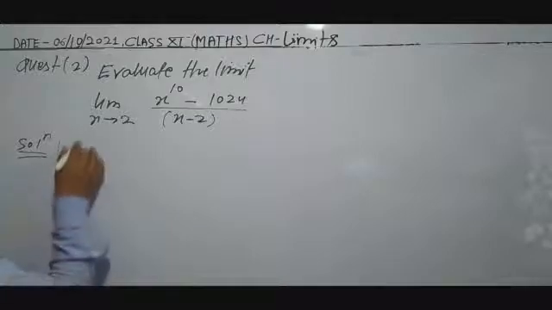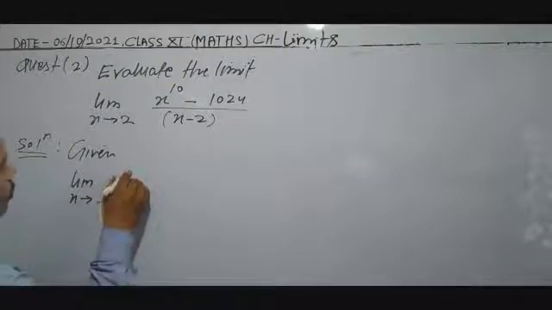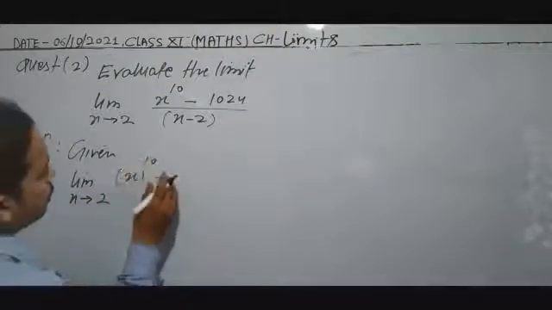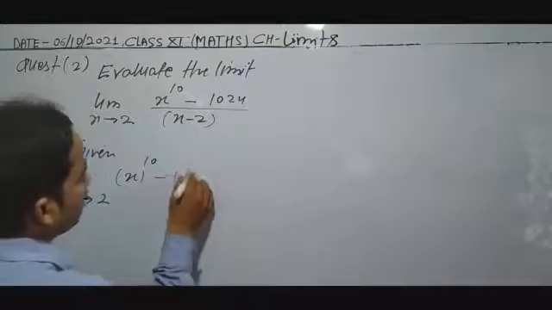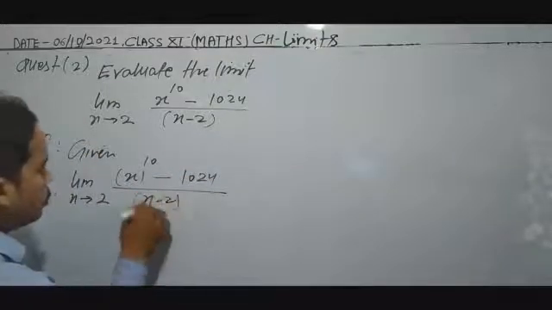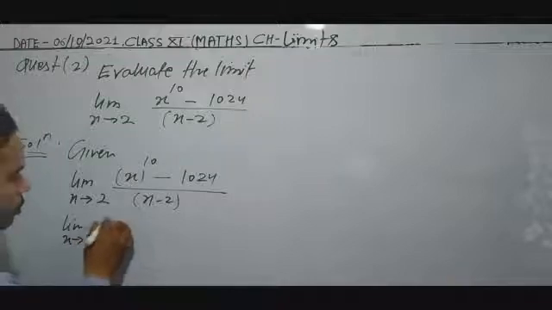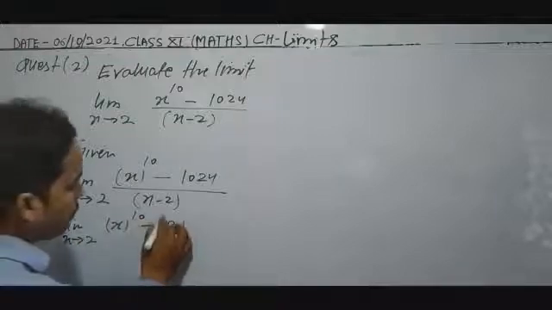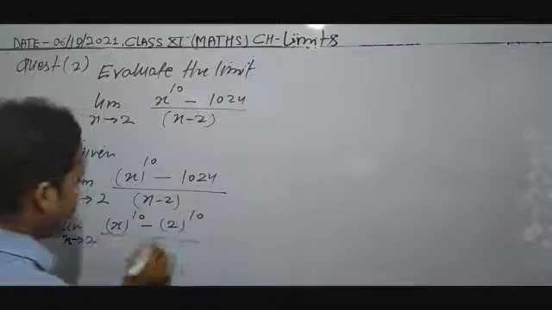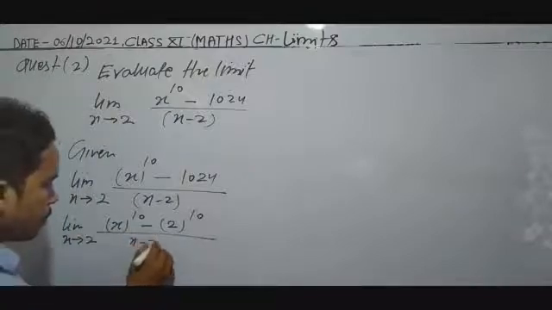Given limit x tends to 2, x to the power 10 minus, this one we can write 1024, it is given, whole upon x minus 2. Now limit x tends to 2, (x to the power 10 minus 2 to the power 10) whole upon (x minus 2).